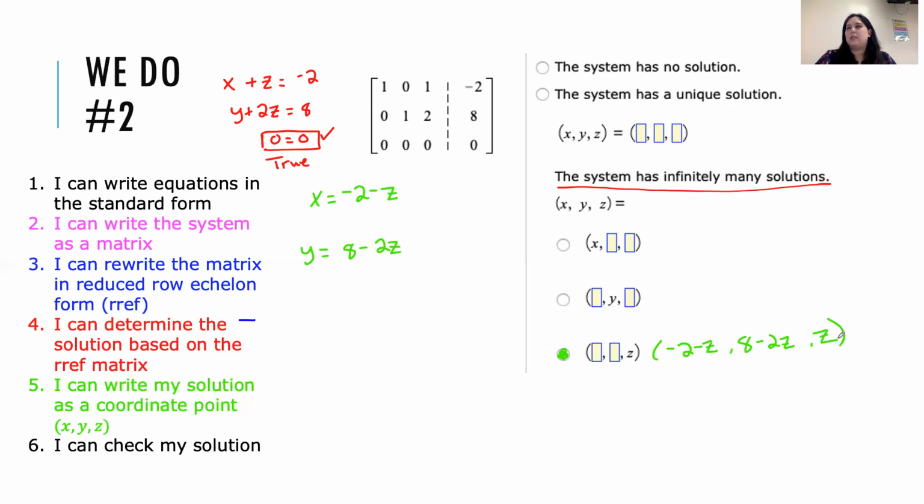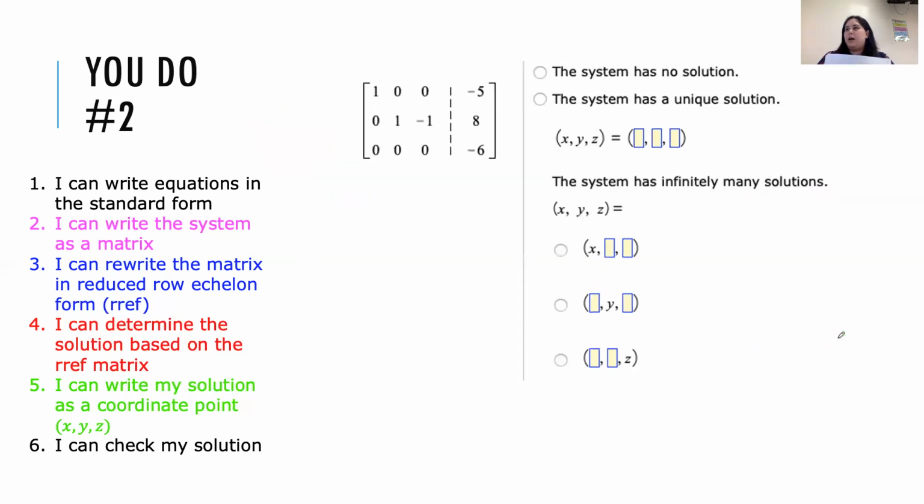We are going to take a look at this next one, and that's just because it is a special case and it's the only one I have as an example. Looking at this last row, when we get 3 zeros and then a negative 6, so we get 0 equals negative 6, this is false. So we're going to get no solution.